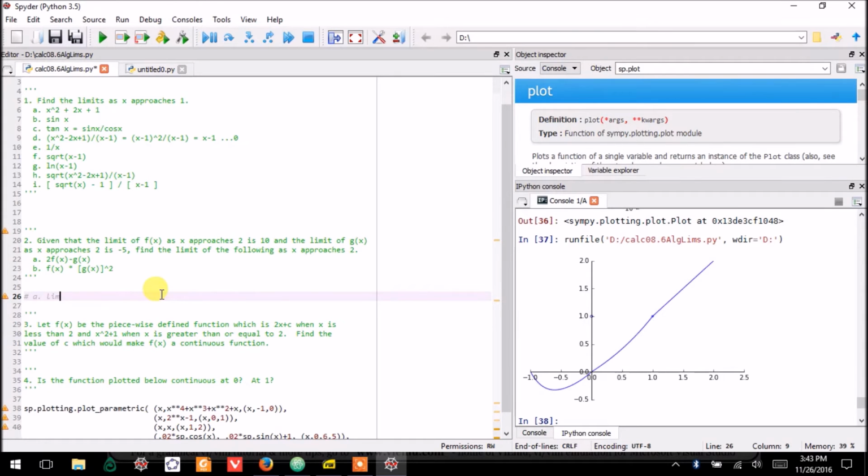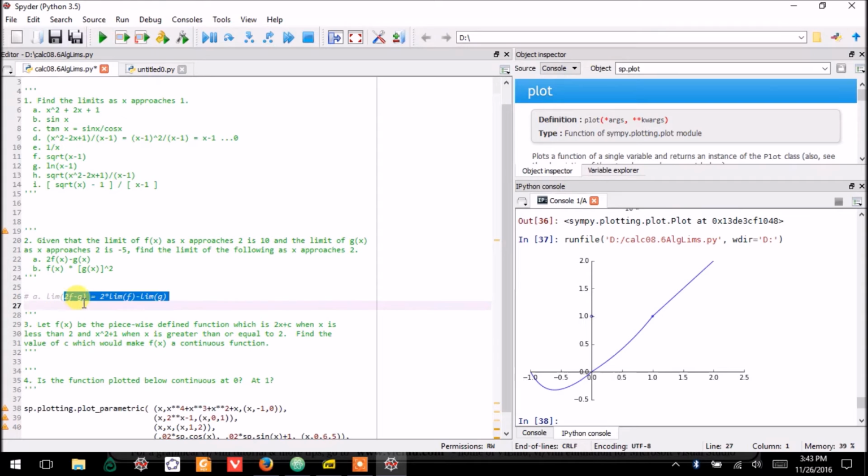The point of this exercise is basically that limits distribute, so the limit of 2f minus g is 2 times the limit of f minus the limit of g. I have just distributed the limit over the minus sign, and then I've also distributed it over the times 2. So I've moved that times 2 to the outside of the limit, right?